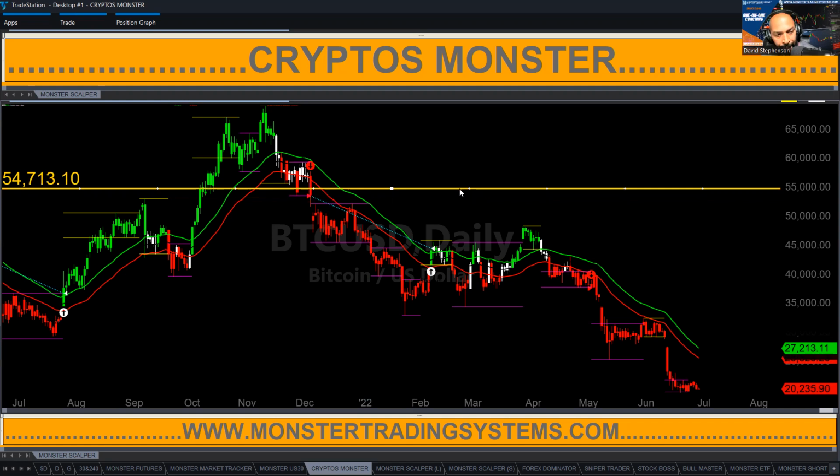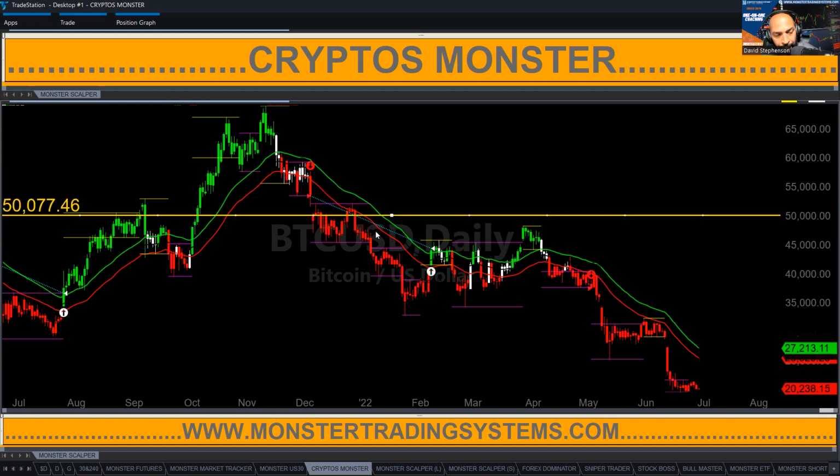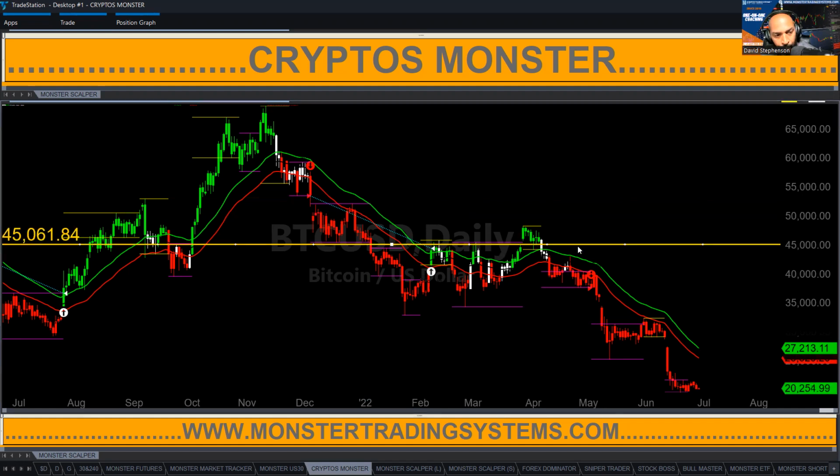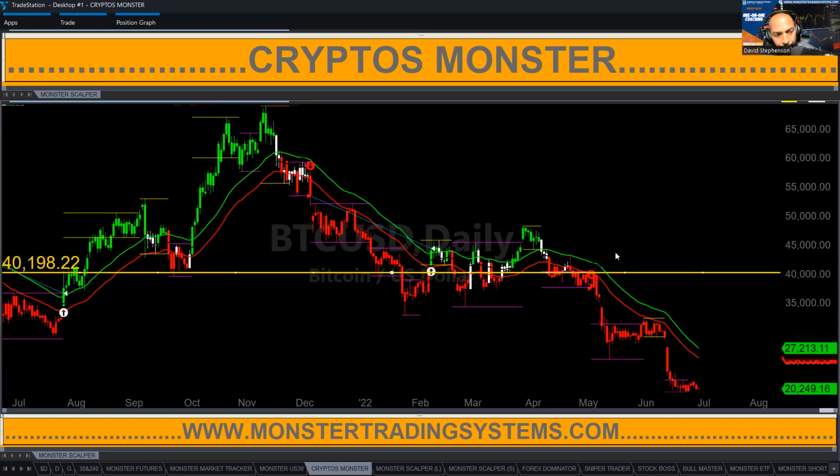Those traders that bought at 50,000 right here, look, it's in a markdown phase, breaking new support levels. Those traders that bought at 45,000 thought the price would go higher, but it keeps going lower. Those traders that bought at 40,000 thought the price would go higher.